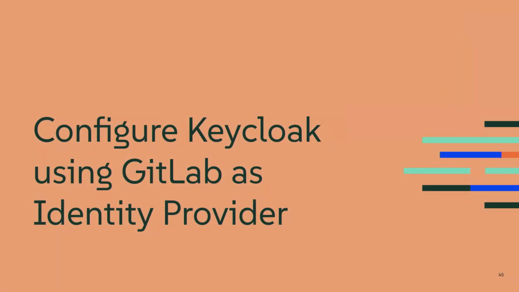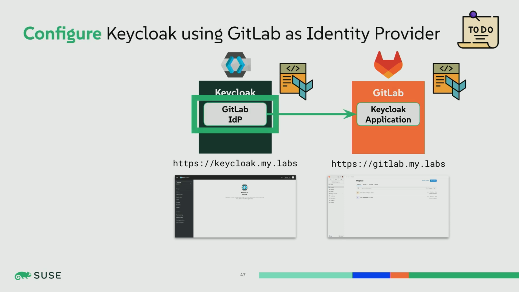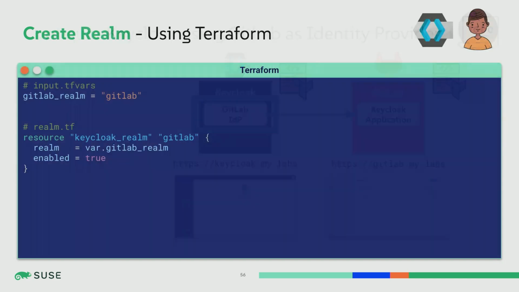And now what we have to do is create a client on Keycloak to connect to this Keycloak application on GitLab, to let users identify to GitLab. For doing so, we create a GitLab identity provider connecting to the Keycloak application using the secrets output in the previous Terraform configuration.